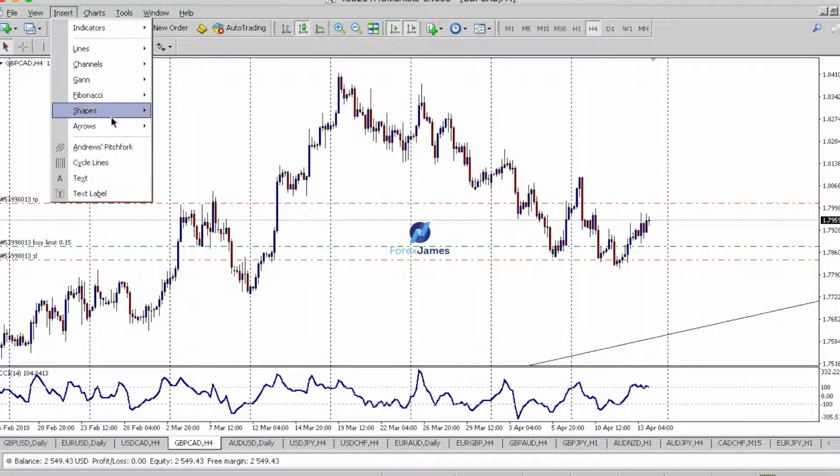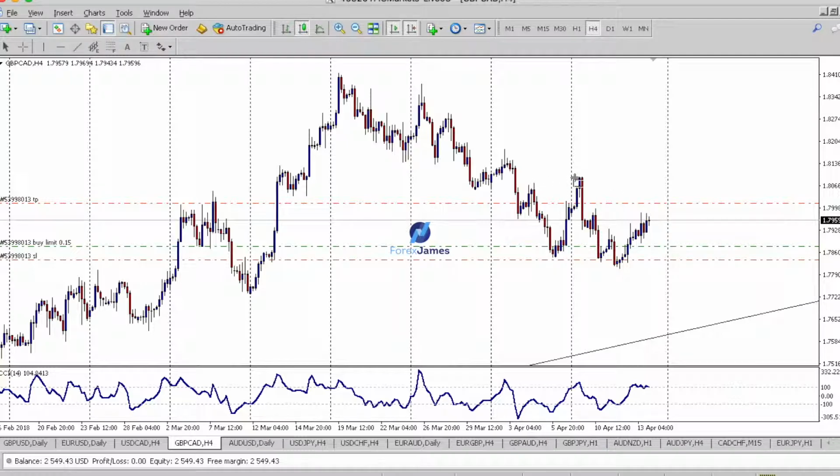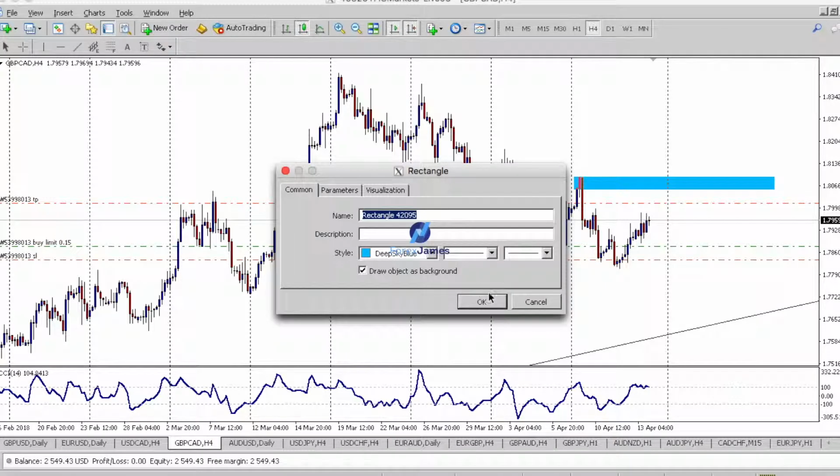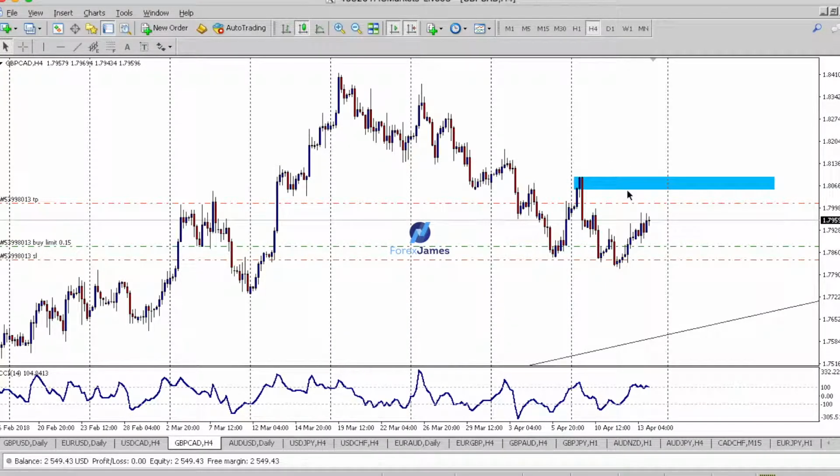Price might stop right here at the supply level. Really strong one. So if it goes up here and reverses, then we'll look for longs in this area. We have a buy limit still, so it might just hit the buy limit first and go up, or just go up first. If it goes up first, then I'll just delete the buy limit and look for a new opportunity.